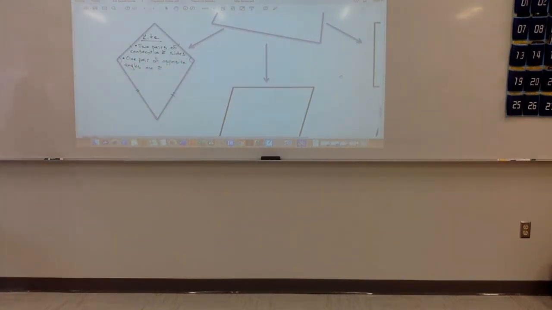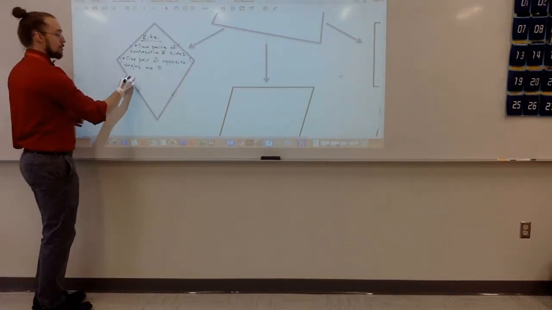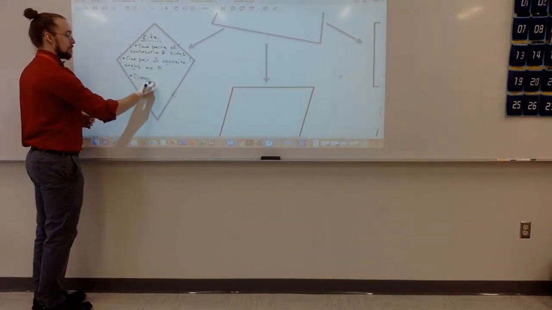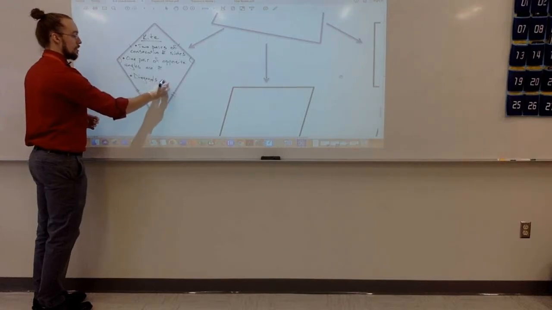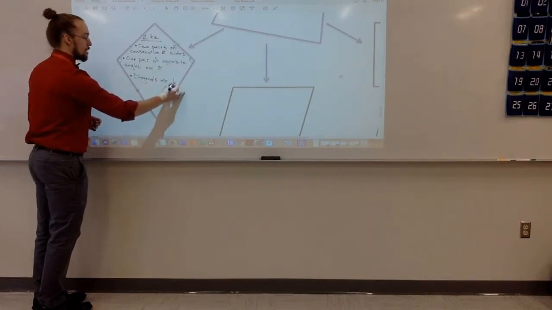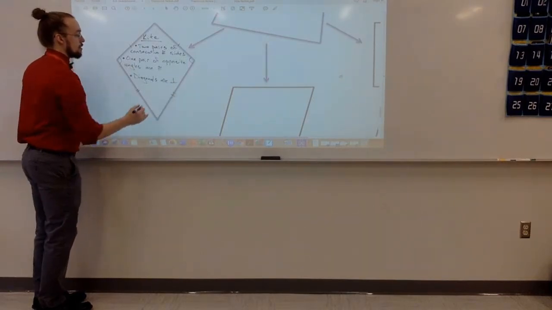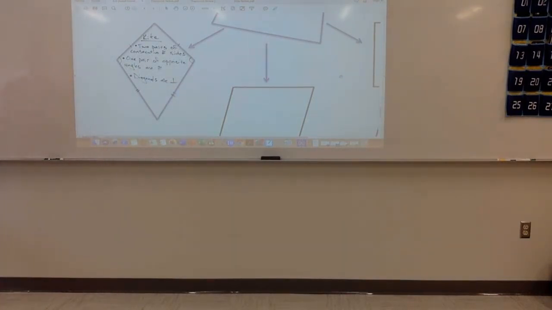And then our final one is that the diagonals are perpendicular. Remember, this upside down capital T looking thing is our symbol for perpendicular. So that says diagonals are perpendicular.